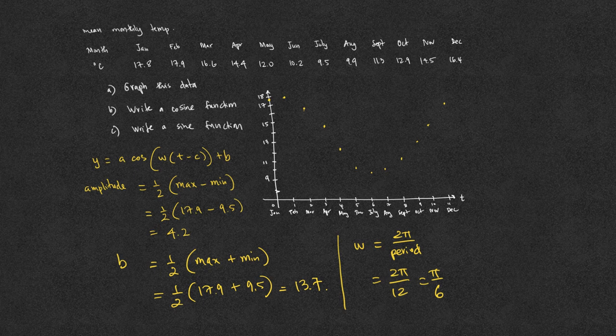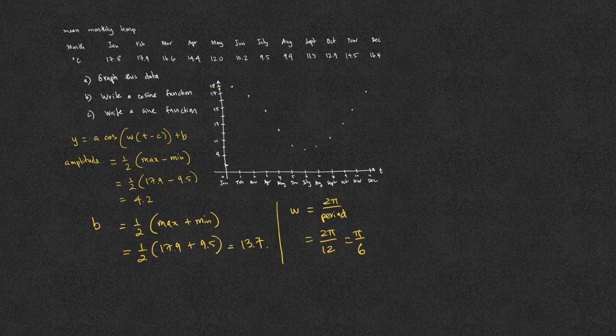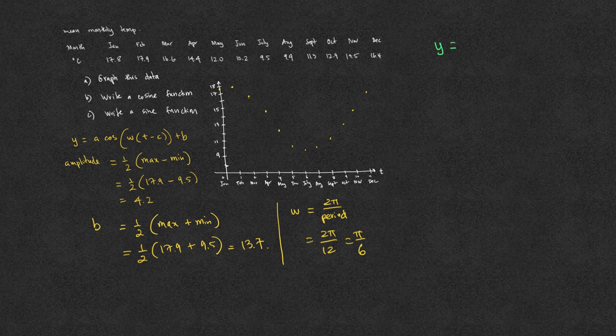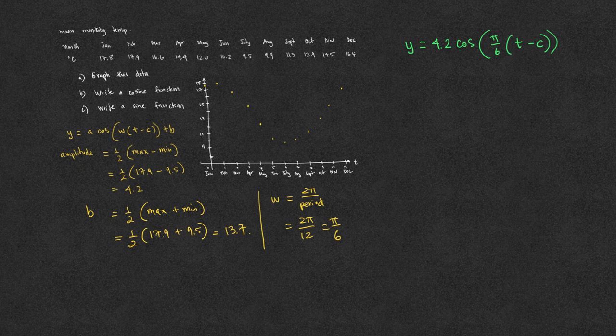Do not use a decimal. And so far, the equation for this model is y equals 4.2 cosine of pi over 6 times t minus c. We haven't found c yet, and the midline is 13.7.